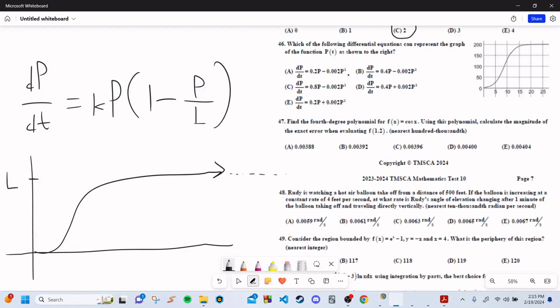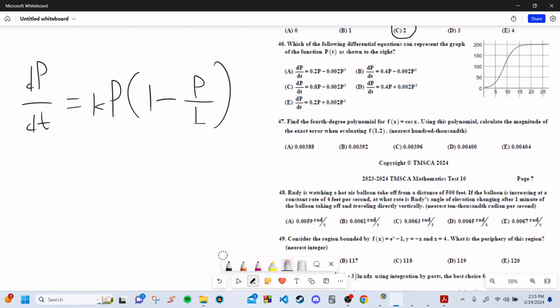If we're looking at these expressions, here's what we're going to do. We're going to factor all of these expressions. So I'm going to clear this graph right here. If we look at A, we can factor it to resemble this form: 0.2p times 1 minus p over 100.